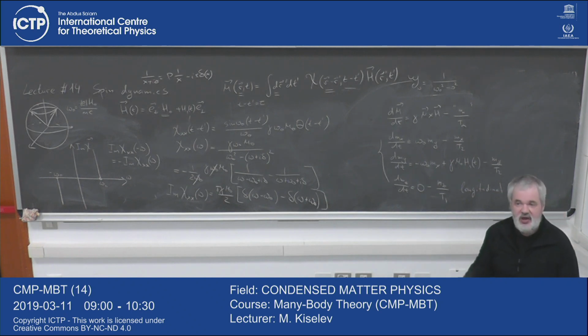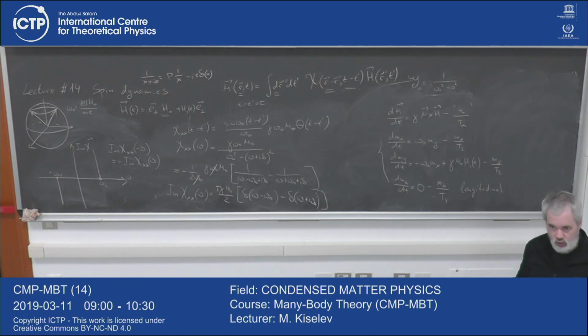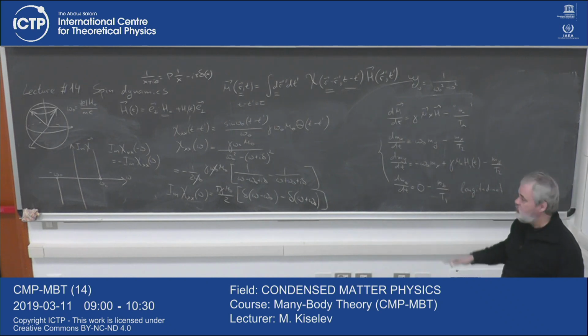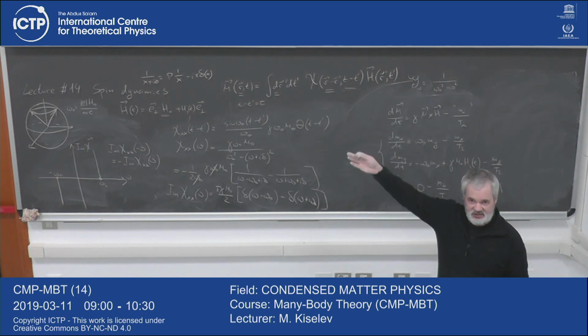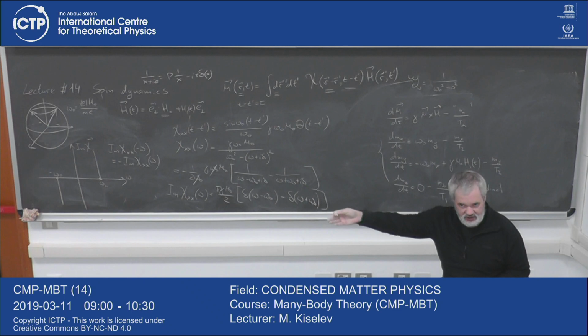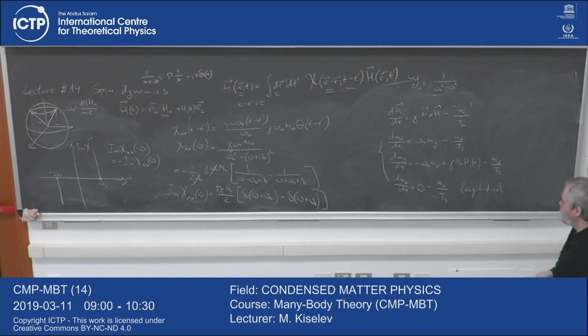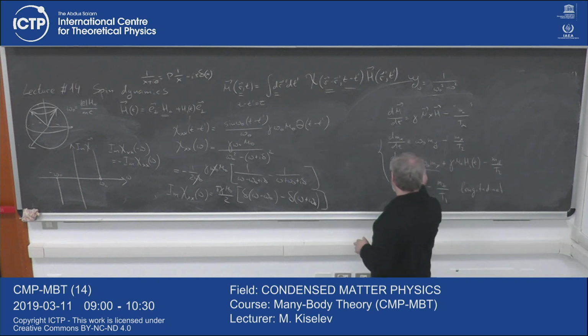One needs to deal with a microscopic model in order to put some meaning into this T1 and so forth, while for x and y we will see that what was a former oscillator will now become an oscillator with friction.